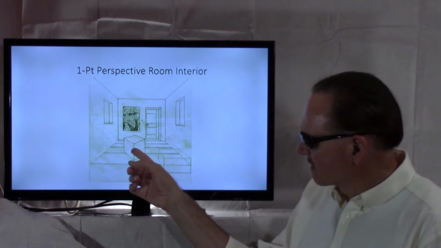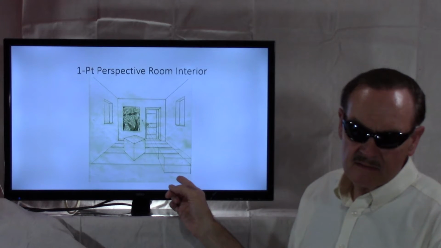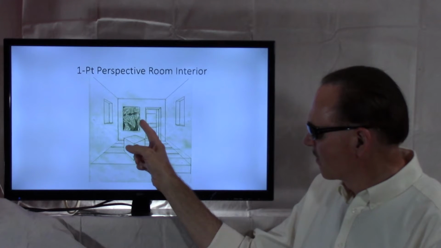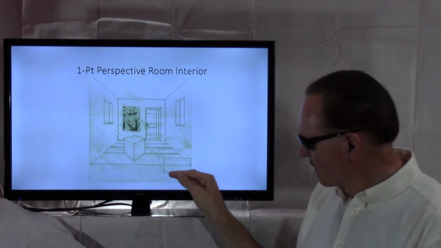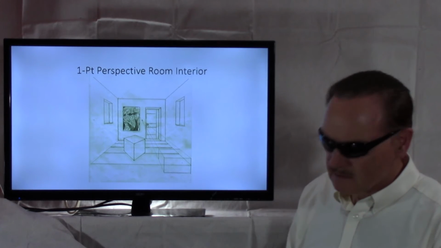After I erased the lines that I made this box, I decided to put a one-point box in this space here. And you notice I'm using the one-point perspective, and I'm using horizontal and vertical lines, and sure enough I have a box.